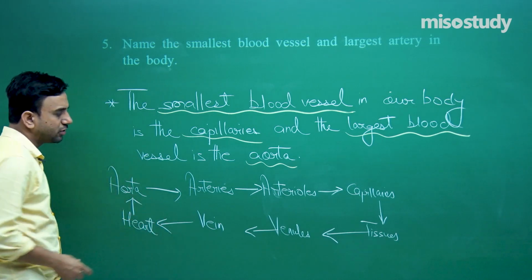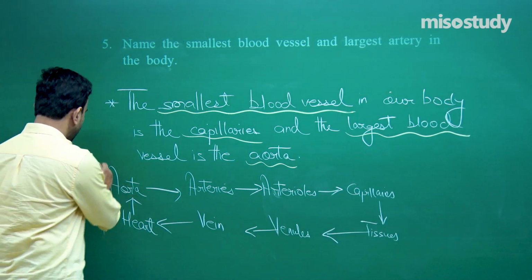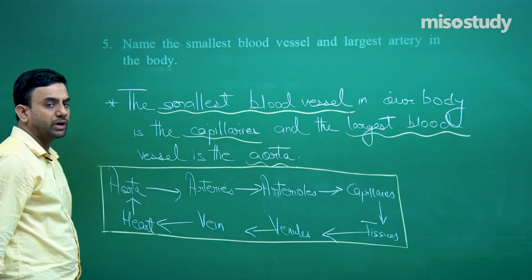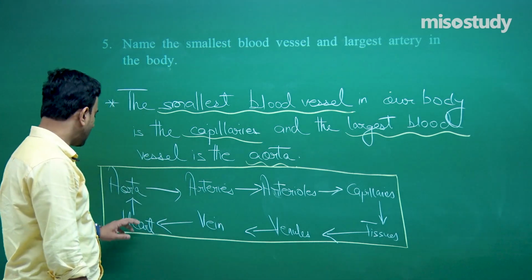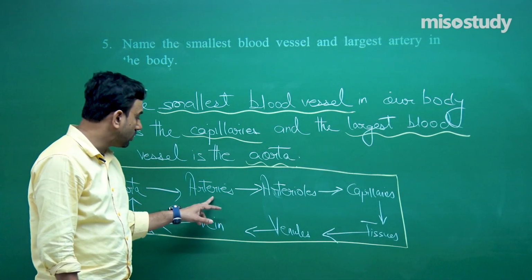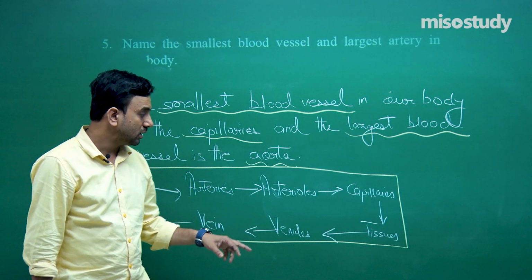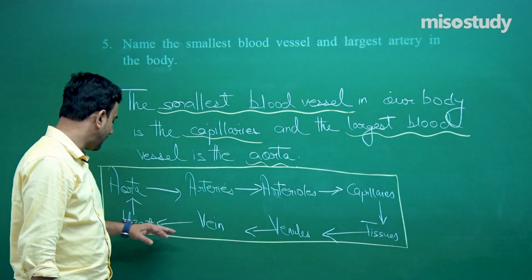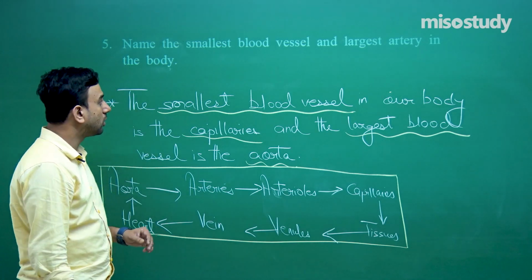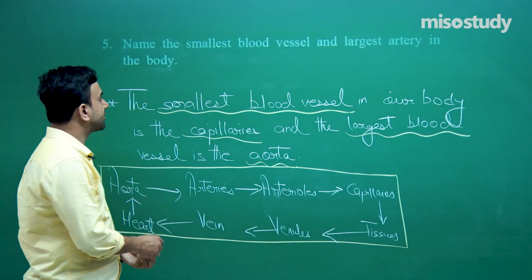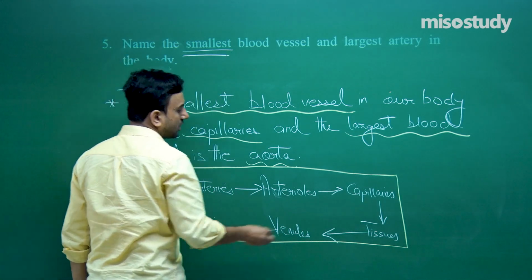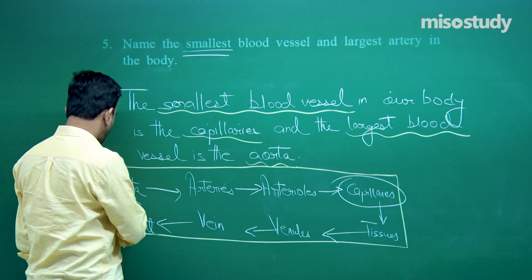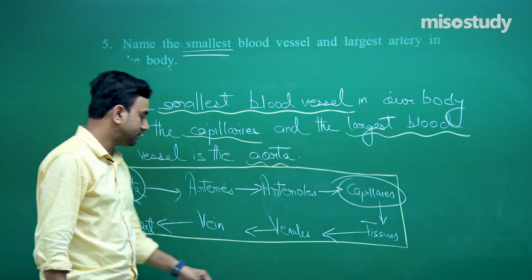This is the whole chain of how the blood is flowing: from the heart to the aorta, to the arteries, the arterioles, the capillaries, then tissues, venules, veins, and the heart. And we saw that the smallest blood vessel is the capillary, and the largest blood vessel is the aorta.